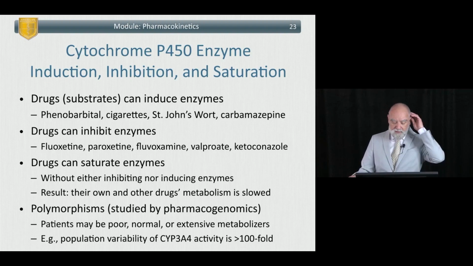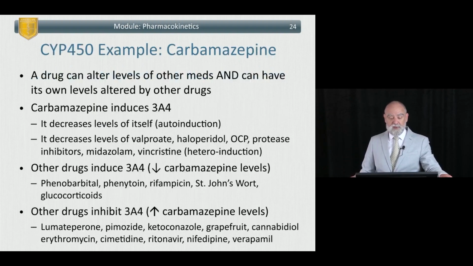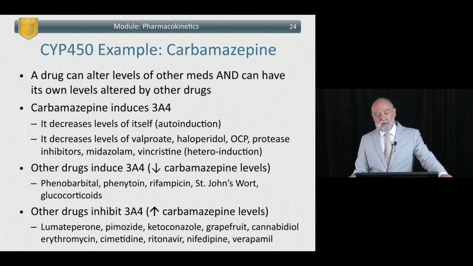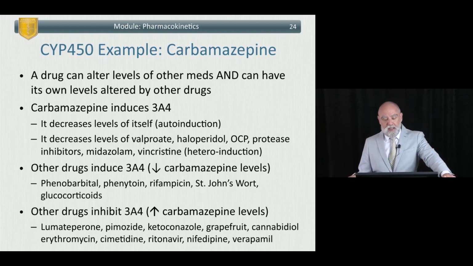And just for example, and this is almost mind-boggling, at least it is for me, the population variability in CYP3A4 activity and how effective that enzyme is in metabolizing the drugs that go through it is over 100-fold. That is just stunning.